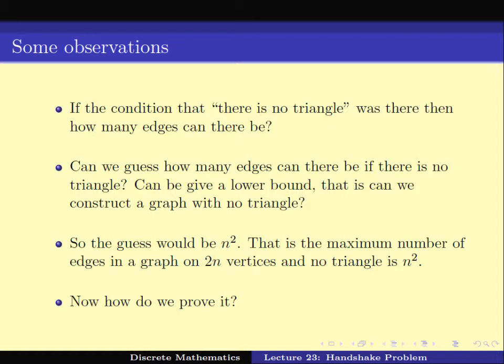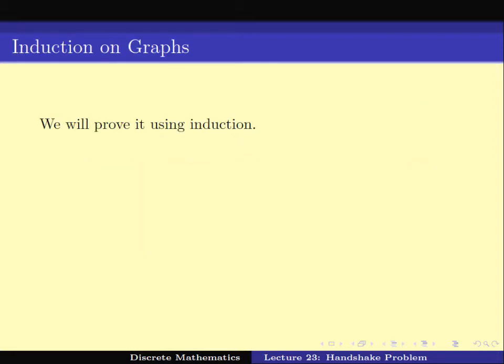Now to prove the statement, we will be using induction. For that, first of all, we will be inducting on n. Note that the number of vertices in a graph is 2n. And what is the induction? As we have seen in the induction, we have to break up the problem into cases.